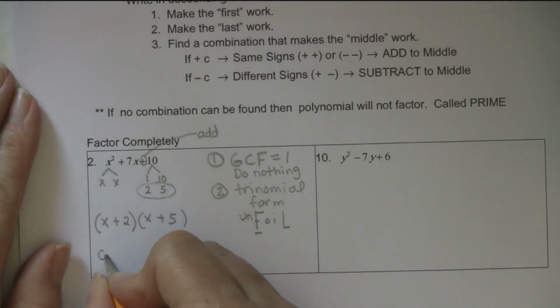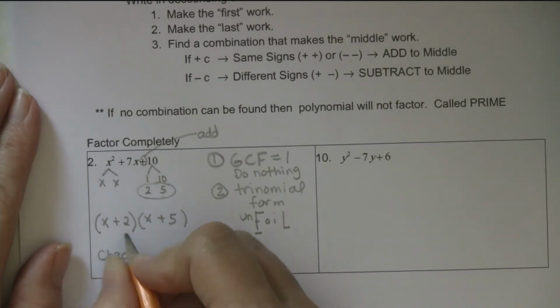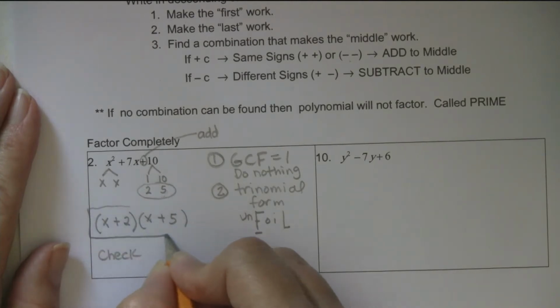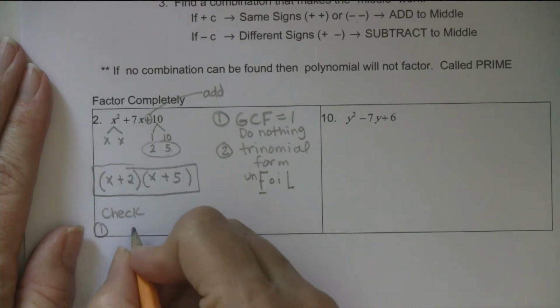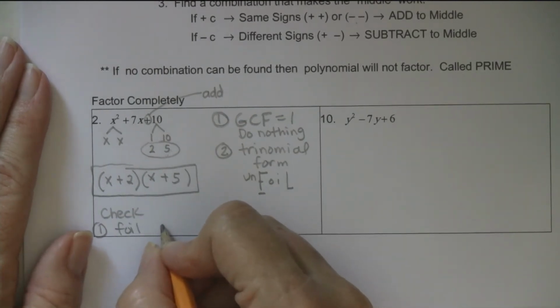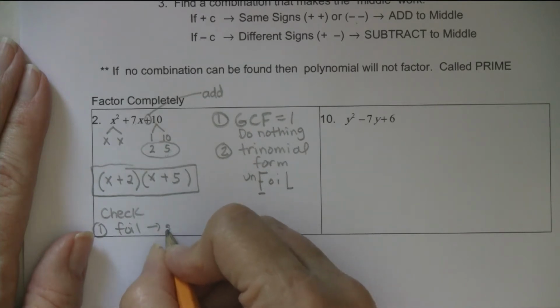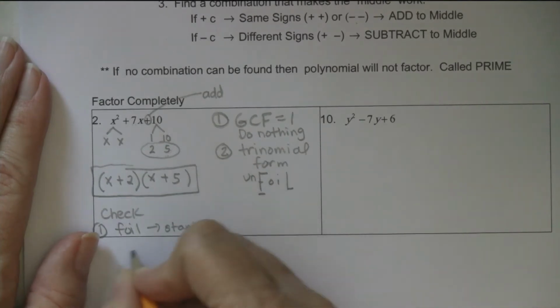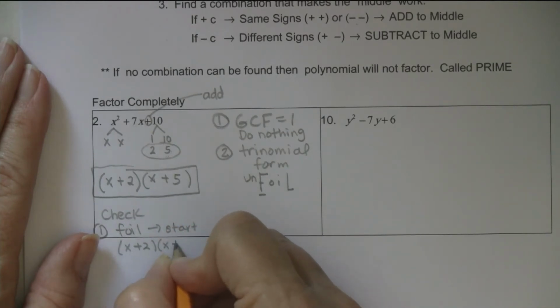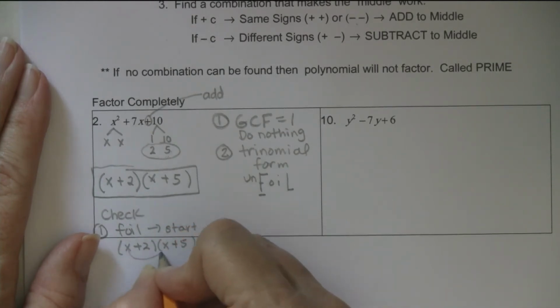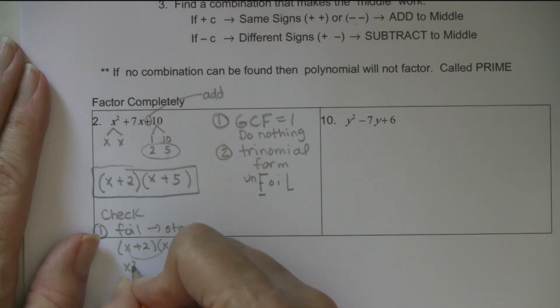So when you check your answer, so this is my answer. There it is. When you check your answers, the first thing that you do is you FOIL it together to see if when you multiply it, you get back to what you started with. So I'm going to FOIL this together. X times x is x squared.